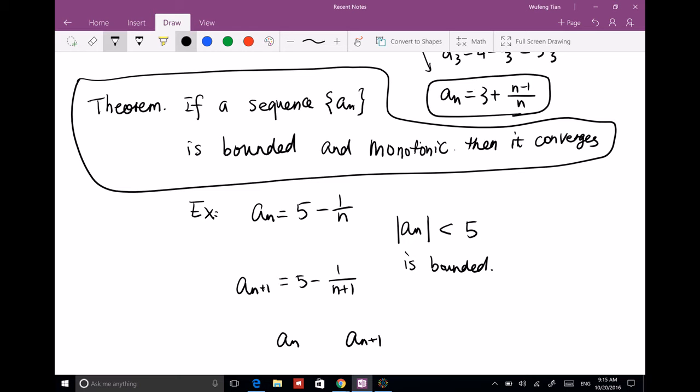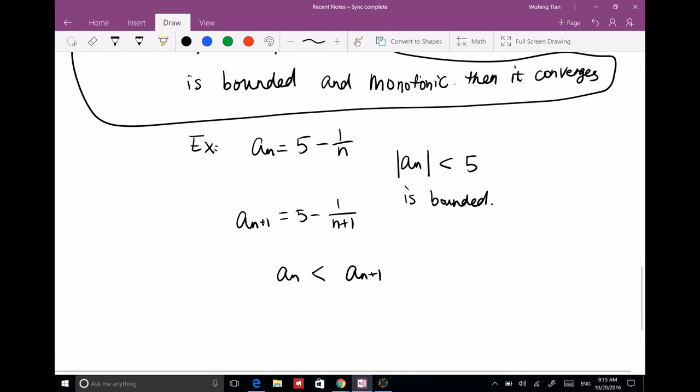An plus 1 is bigger. Why is an plus 1 bigger? Basically you compare 1 over n and 1 over n plus 1. 1 over n plus 1 has a bigger denominator, so it is less than 1 over n.